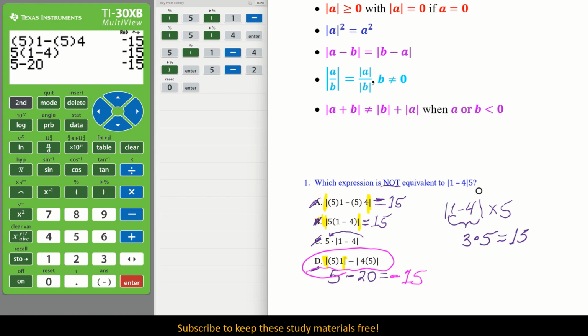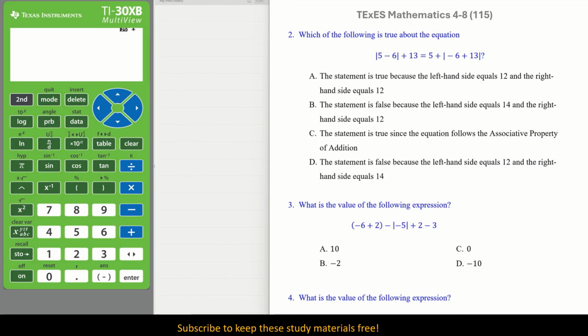Okay. All right, let's move on to number 2. Which one of the following is true about the equation: absolute value of 5 minus 6 plus 13 equal to 5 plus absolute value of 6, negative 6 plus 13?